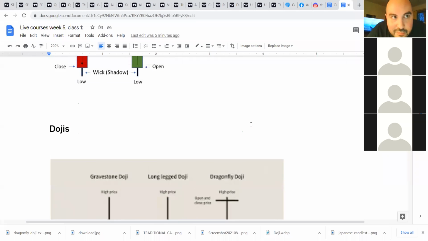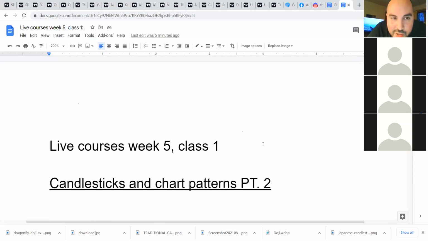Pretty straightforward, right, guys? It's really not that hard. Get in the charts and watch them, see what they're doing, draw your support and resistance lines, even if you're not going to pay for TradingView. Obviously I'm recommending Webull. Webull has decent charts for free.